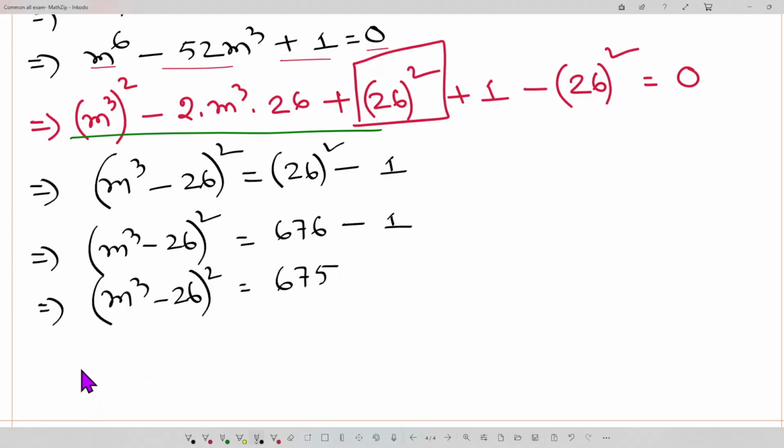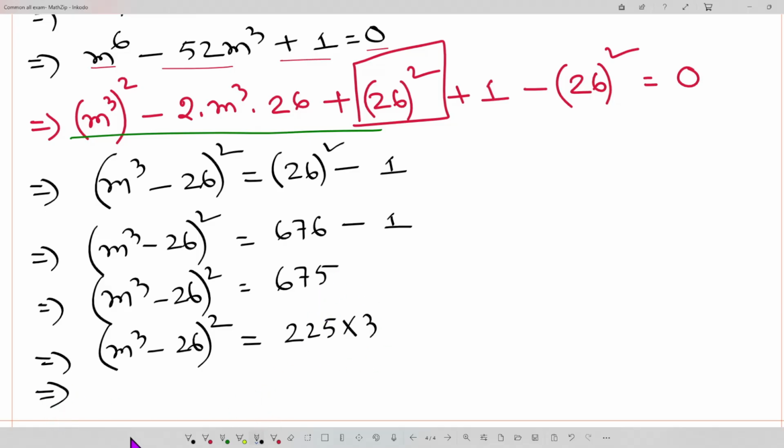Now we can write m cube minus 26 whole square, and against this 675 we can make an interesting thing, which is 225 times 3. It will be similar, right?